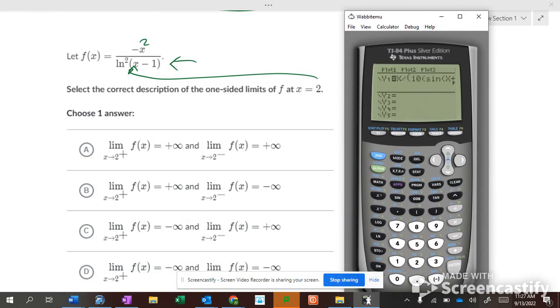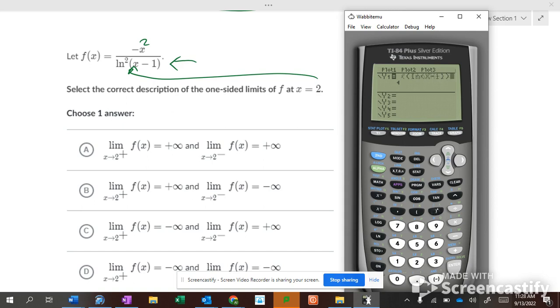So if we go y equals, clear out what's there, -x divided by parentheses, the natural log of x minus 1. Oh, need one more set of parentheses. Yes, I do. Parentheses, ln of x minus 1, parenthesis, and that takes care of that.